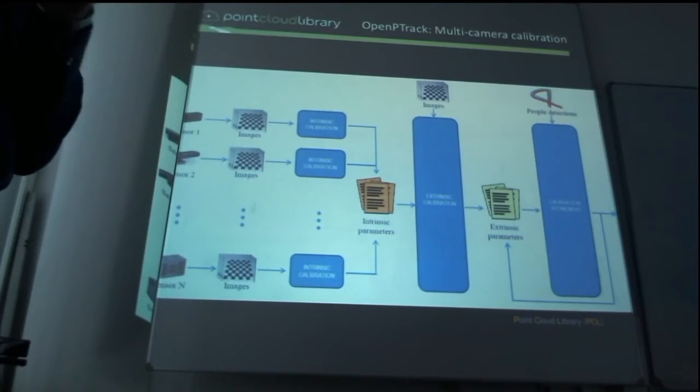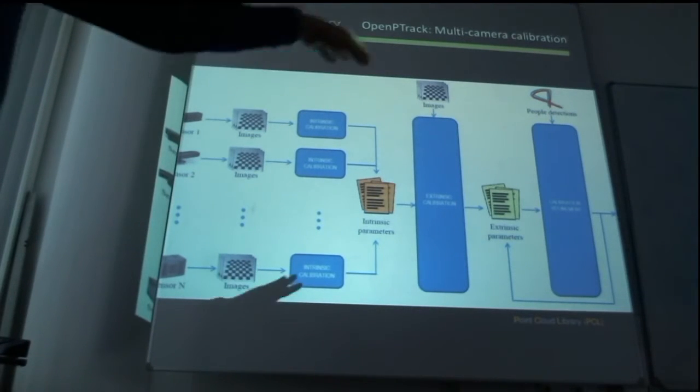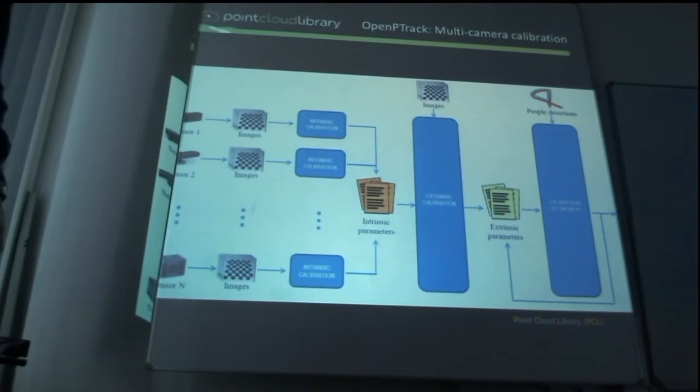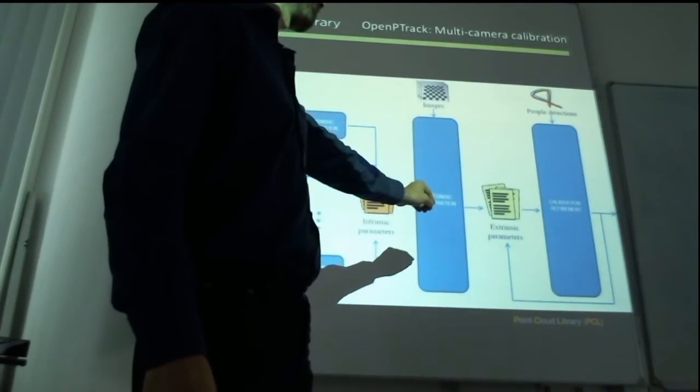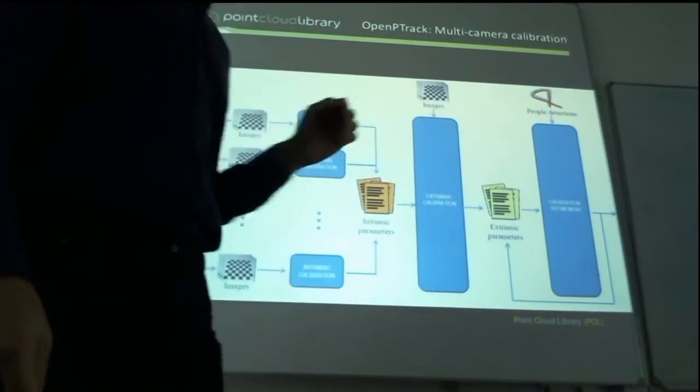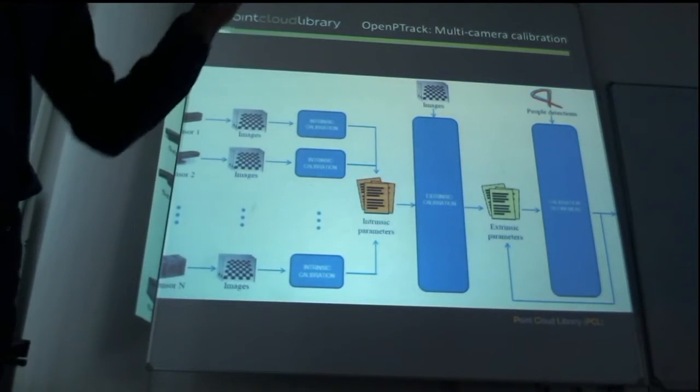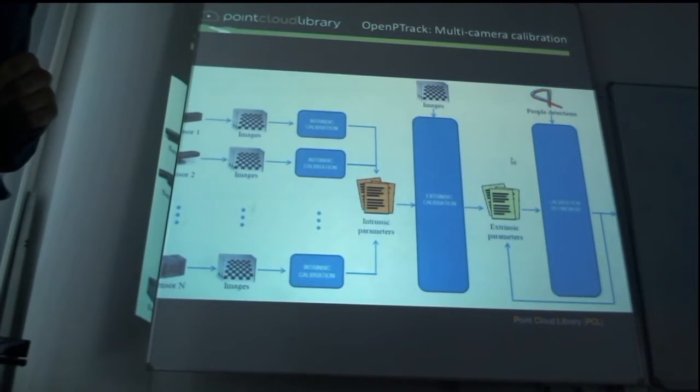You move the checkerboard around, and this is detected by all cameras, and their pose is automatically estimated. But then we added also, as we will see, another calibration process, which starts with the first extrinsic calibration as initial condition, and then refines camera poses by means of people detection this time.